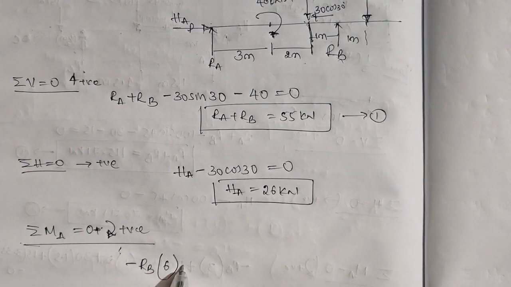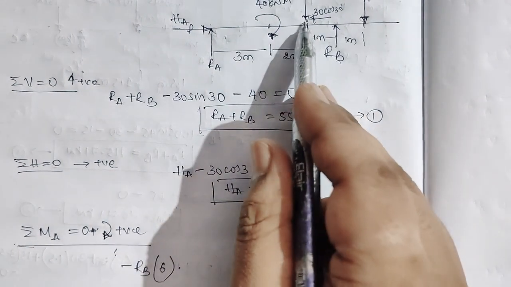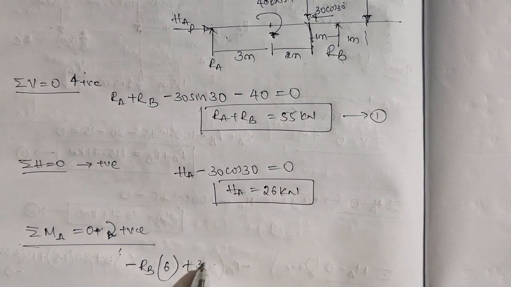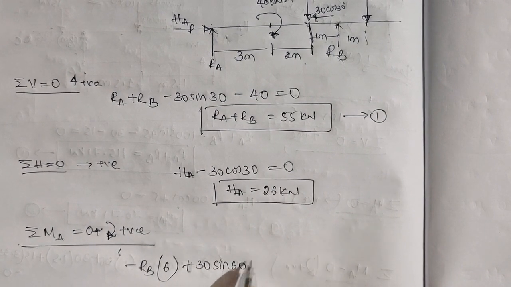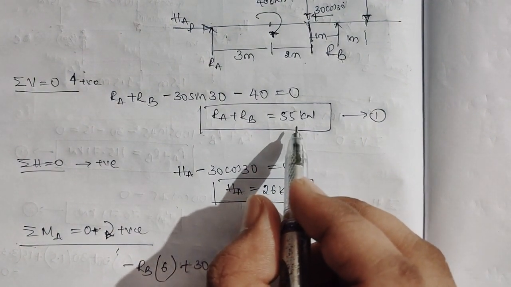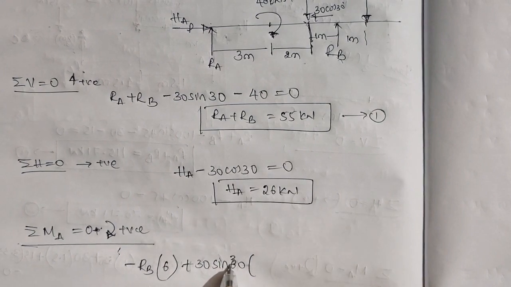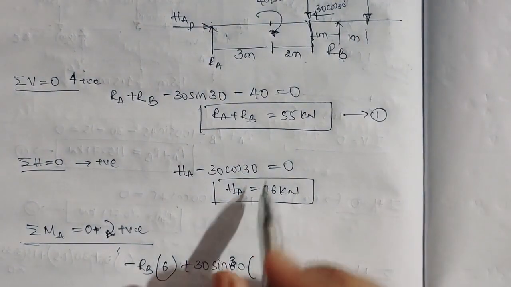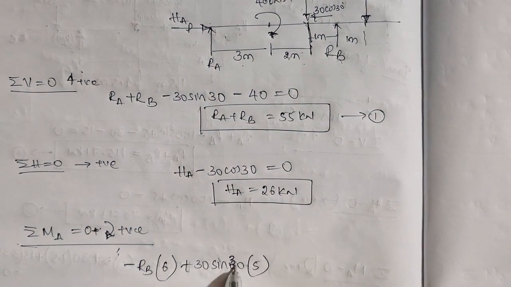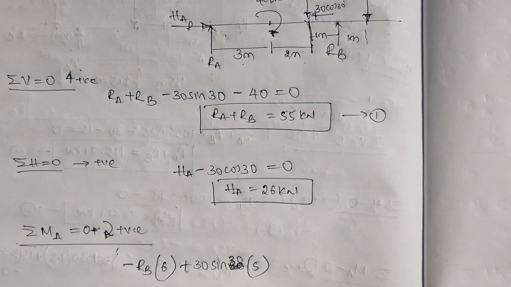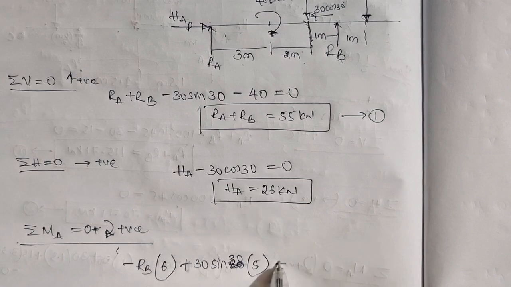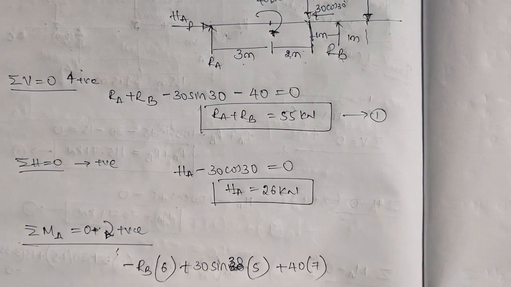Then you come to this 30 sin 60, which will make clockwise. 30 sin 60 into how much is the distance? 30 sin 30, that is 30 degree, right? So 30 sin 30, 2 plus 3, it is 5. 30 sin 30 into 5, then 40 is there, right? This 40 also makes clockwise.